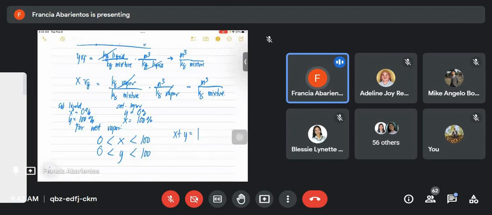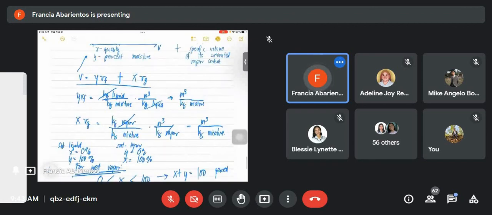Di ba, class? Pag sa wet vapor. And X plus Y is equal to 1 pag sa decimal. Okay. Percent. Okay. So, pwede yun, class. Kasi sa wet vapor tayo. Tinutukoy ko dito. Balik tayo dito.